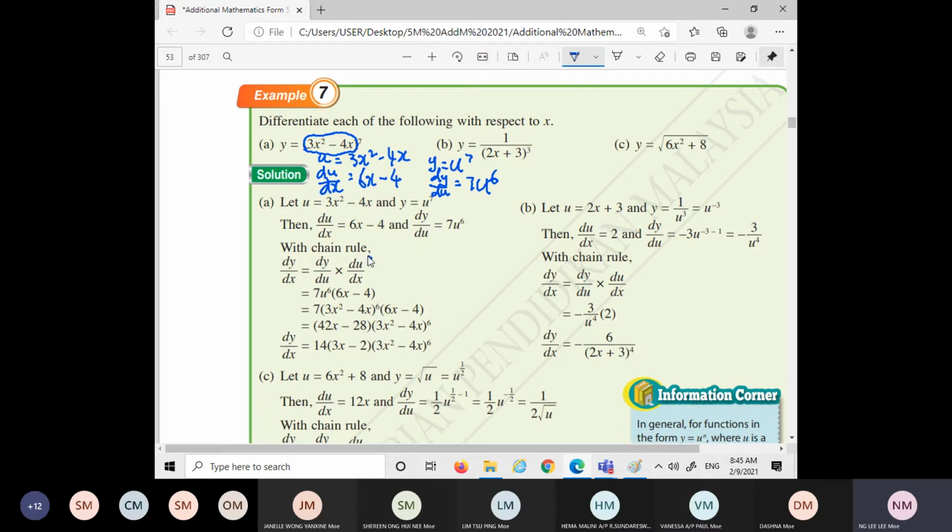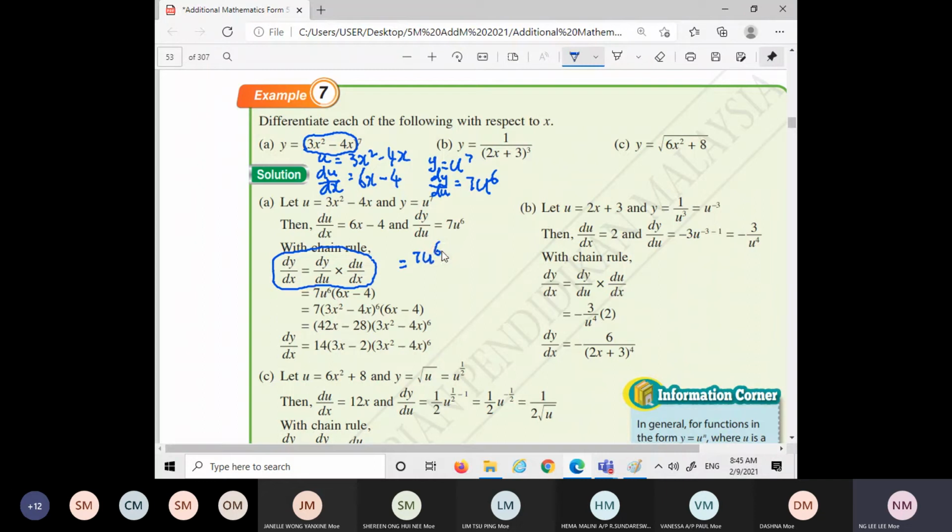Chain rule. Make sure you know how to write it this way. dy dx, I repeat, dy you write here, dx you write here, in between times. You involve another variable u, so du. So what is dy du? Dy du is here, so 7u to the power 6.